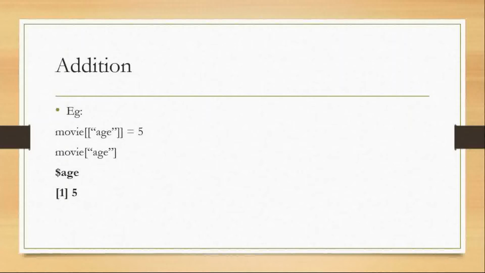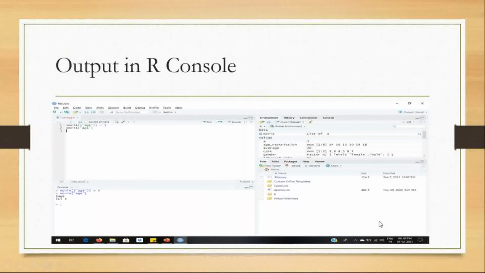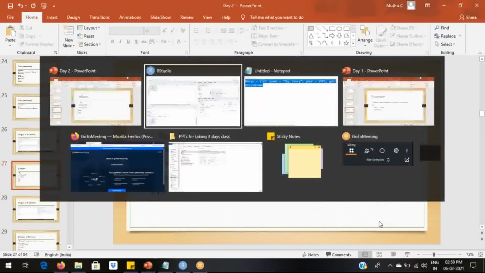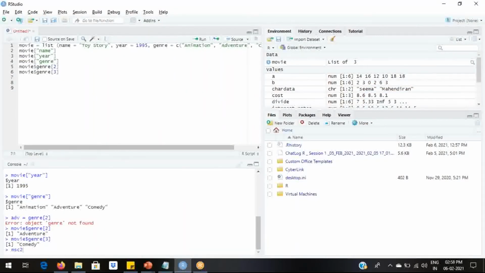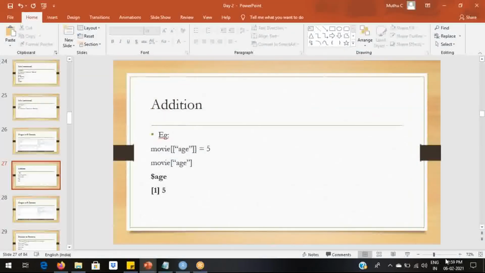As you know, we already have three values inside the variable movie, that is name, year and gender. So I want to add one more variable, which is age.